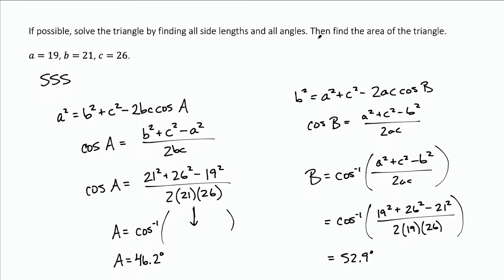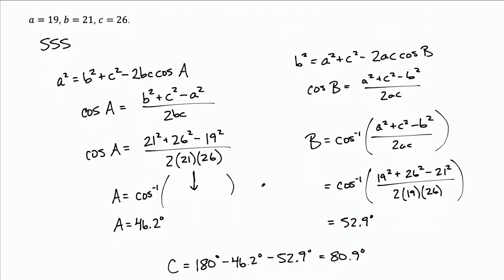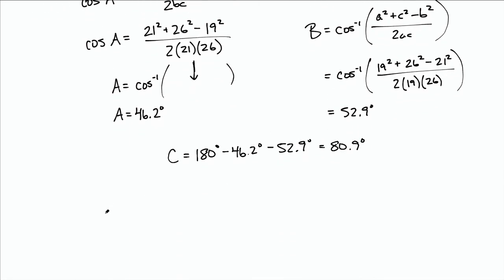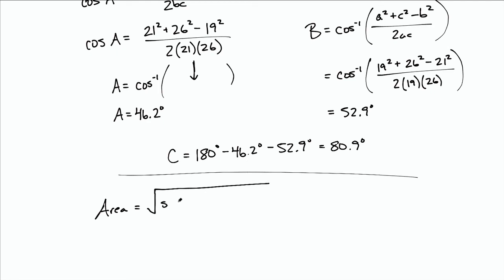Now, it also says here, find the area of the triangle. And given three sides, we have a formula, Heron's formula, that states that the area of a triangle is equal to the square root of s times s minus a times s minus b times s minus c, where s is a plus b plus c over 2.